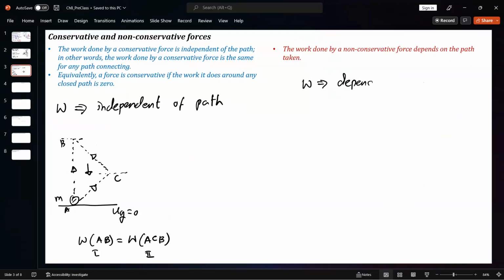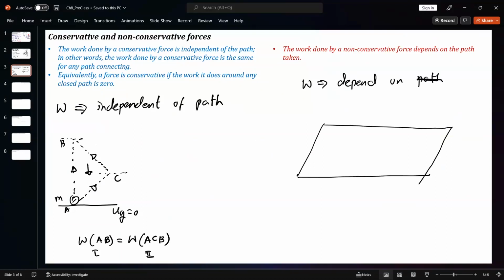What does that mean? Let's consider I have an object on a horizontal plane. Let's put the object right here, mass m. I'm going to drag the object along this direction from point A to point B. Now the frictional force is always against the path of travel. I calculate the work done due to the frictional force from A to B, then compare that to another path.